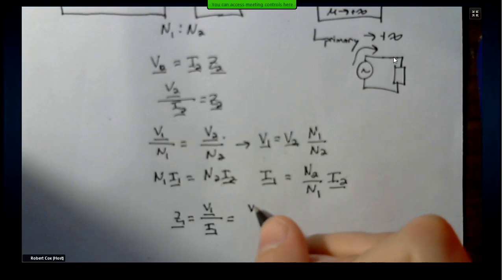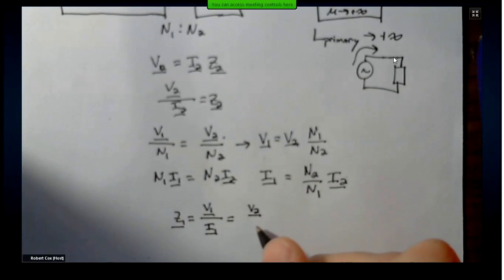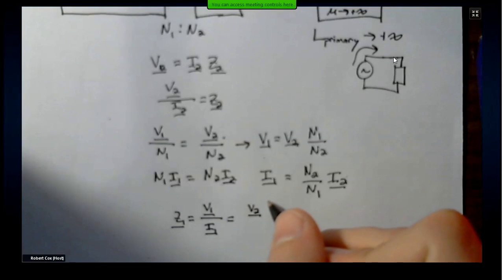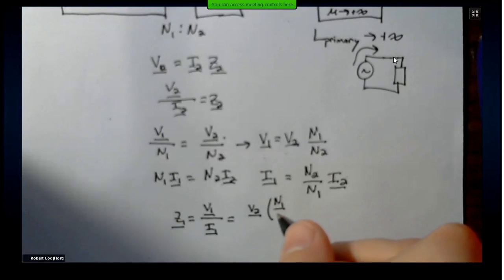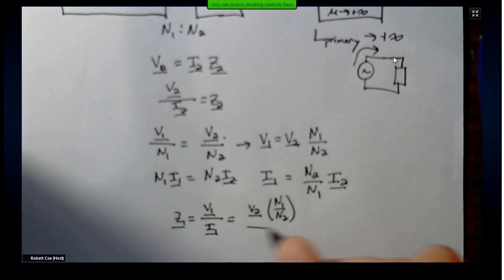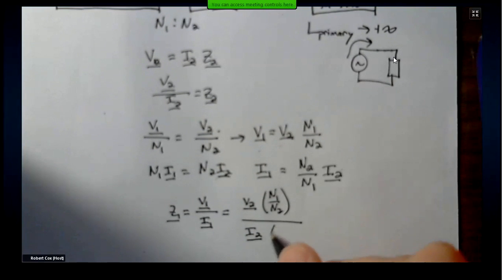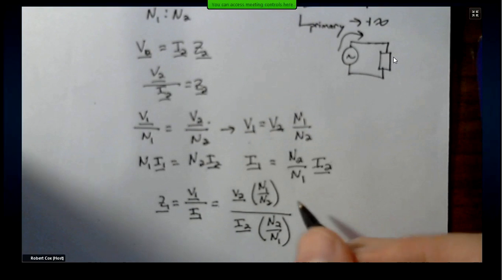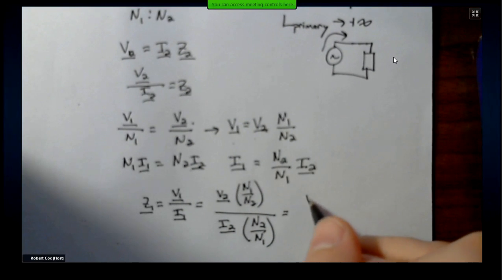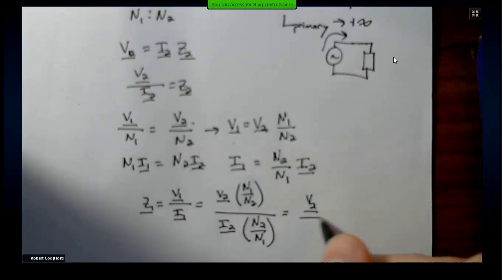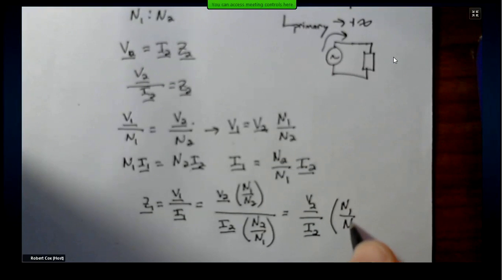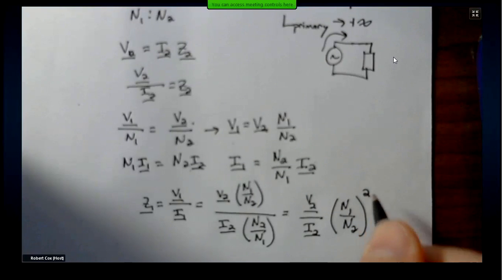Well, that becomes V2 N1 over N2 divided by I2 N2 over N1, which is V2 over I2 times N1 over N2 quantity squared.